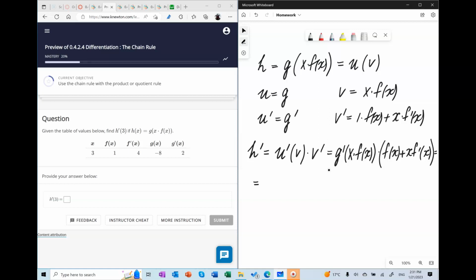So let's plug everything in. We're going to plug in 3 in there, so we have g prime evaluated at 3 times f of 3 times f of 3 plus 3 times f prime of 3, and let's compute this.